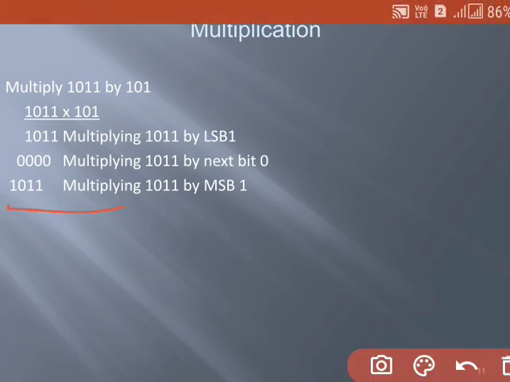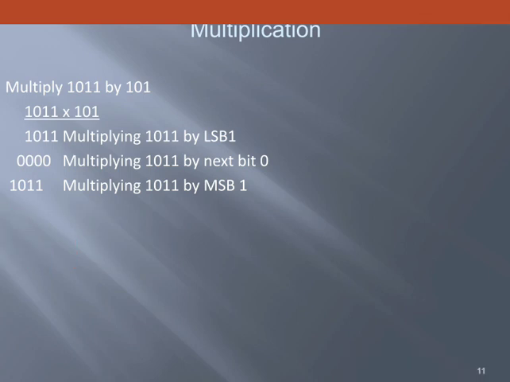Adding the three will give you 111011. So the answer is 111011, the result of multiplication of the two binary numbers 1011 with 101. So same procedure.